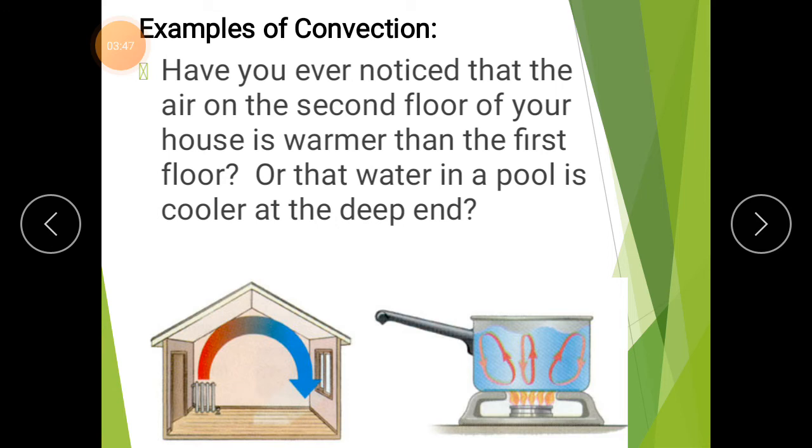As we discussed, warm water is less dense than colder water. Similarly, warm air is less dense than cold air. So the warm air above the heater rises and is replaced by denser cold air. As in the water in the pot, a convection current is set up and air circulates around the room.